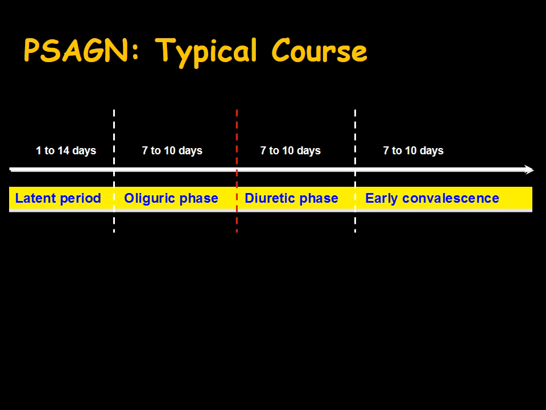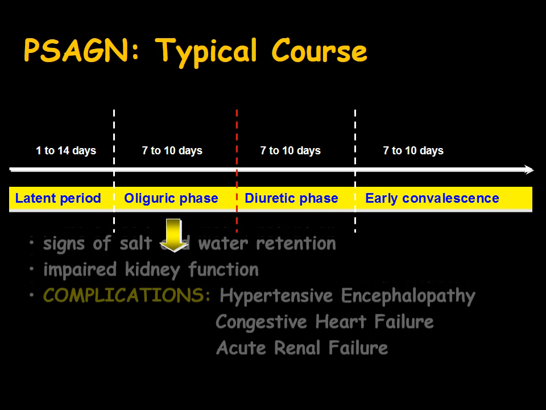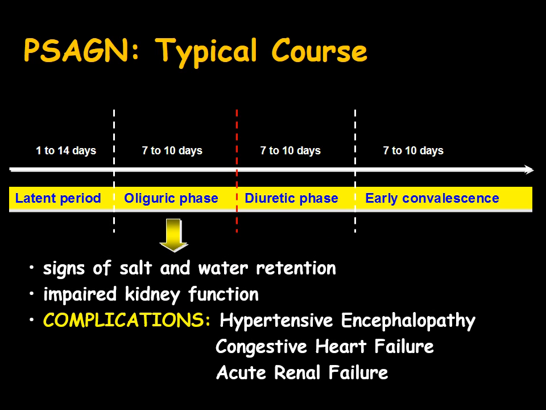This is followed by the oliguric phase, which would last for 7 to 10 days, and is characterized by signs and symptoms of salt and water retention and impaired kidney function. This is the phase wherein complications such as hypertensive encephalopathy, congestive heart failure, and acute renal failure may be found.